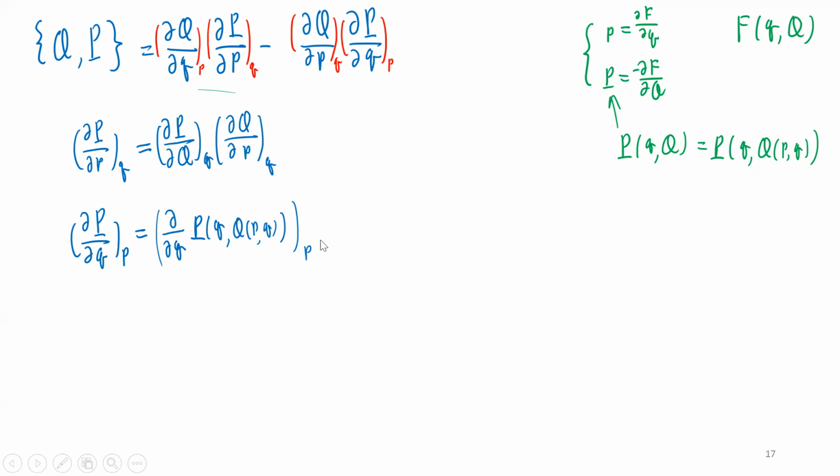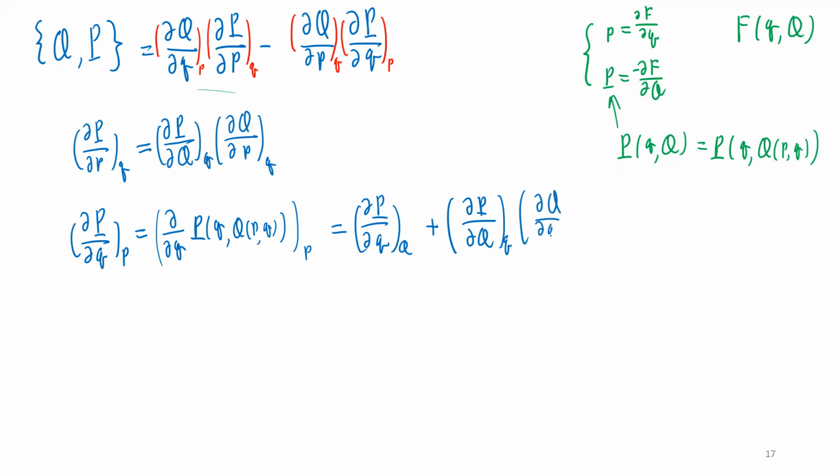Then if I apply chain rule, this capital P depends on this small q and capital Q. So the first term would be this, and then the second term, like this.